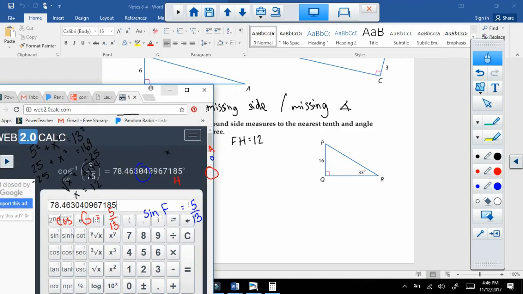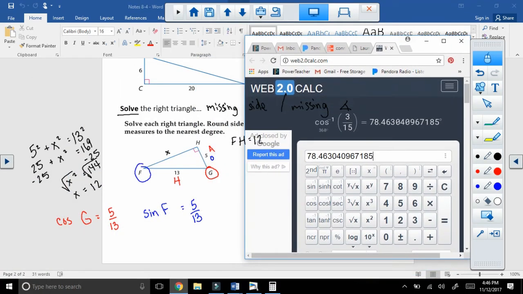So, on my calculator, I'm going to type in the inverse cosine of 5 over 13, close the parenthesis. That is about 67.4 degrees, but the question asked me to round to the nearest degree. So that's about 67 degrees. I'm just going to write that down quick and then type in the other one.